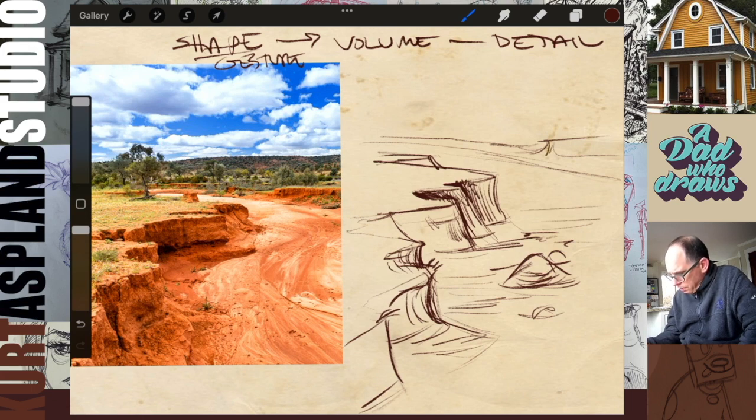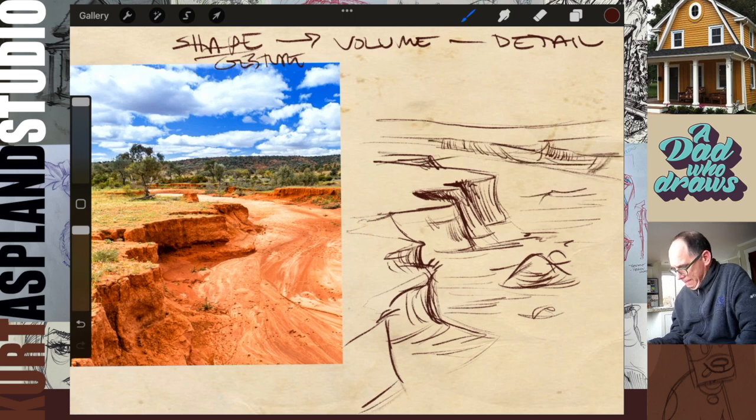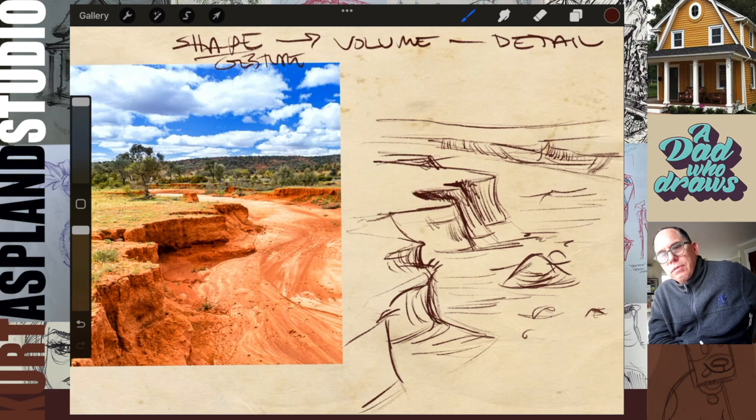Let's get some surface lines back here on this cliff in the distance. More surface lines. Okay, so that gives you a good idea of drawing cliffs in this format.